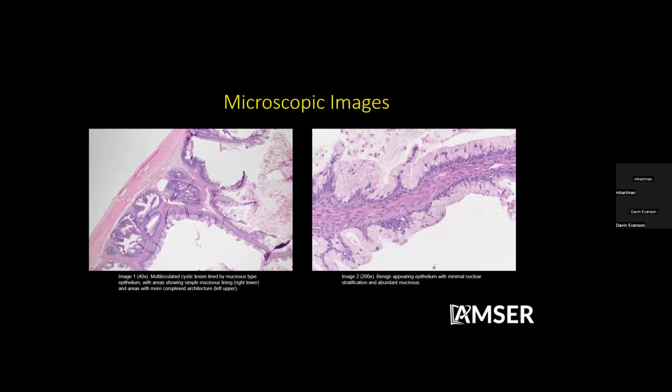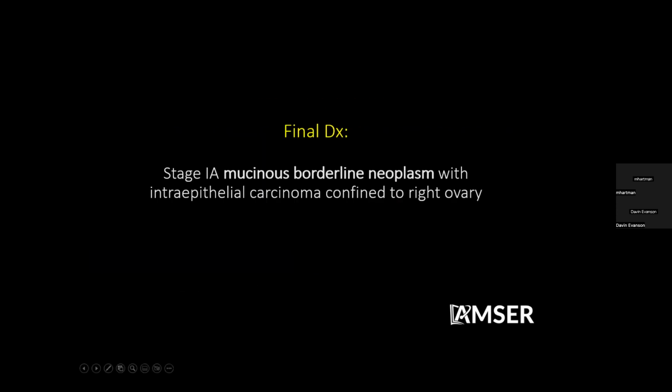Once the mass came out, I was able to go to pathology and see how they prepare the frozen section. A couple days later, we got the final pathology back, and these were some of the images. There's a lot of mucin-containing cells, and the pathology came back as a mucinous borderline tumor of the ovary.